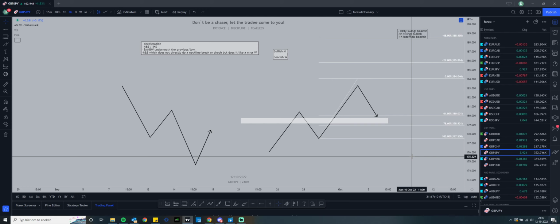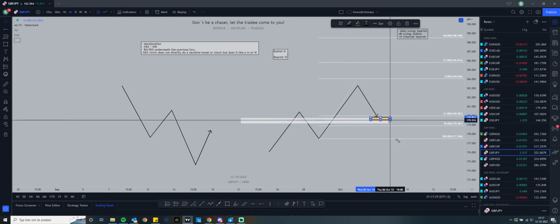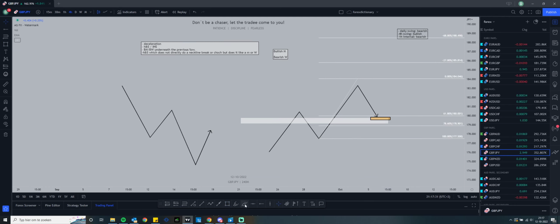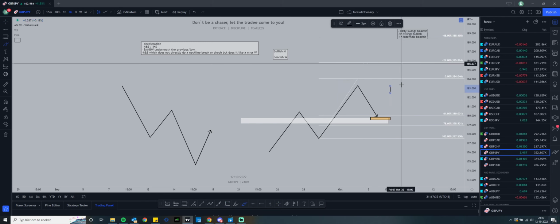Well, during my mentorship, you enter also on the 4-hour. You can refine it further down the line to the 1-hour. For example, if you have a deceleration entry, for example, right here. I need a different color. Let's make it black.